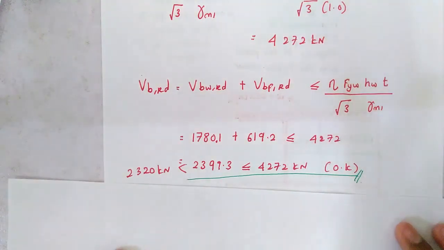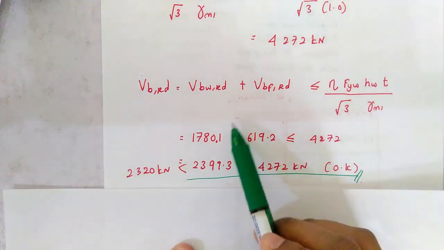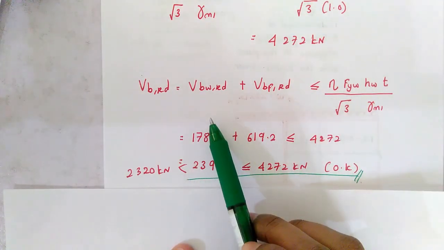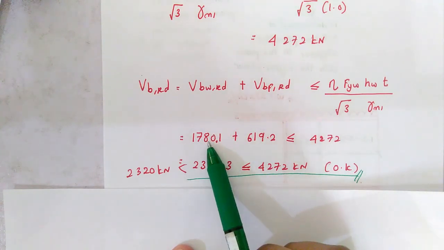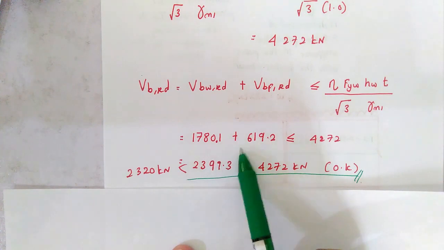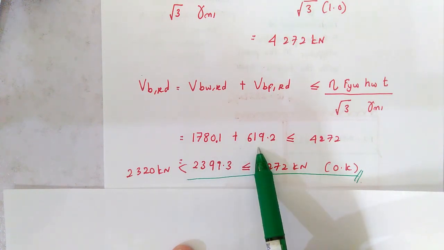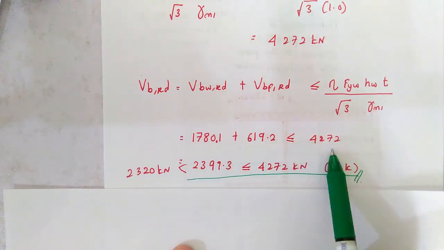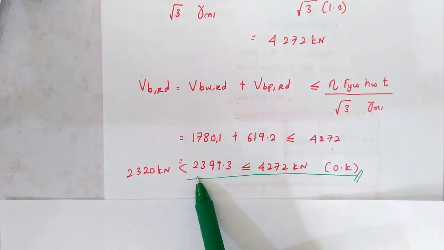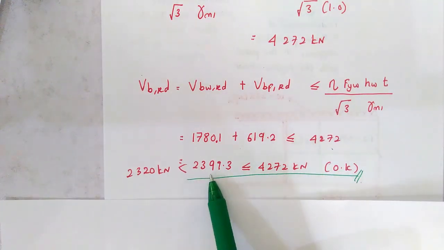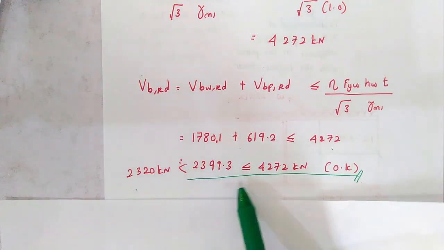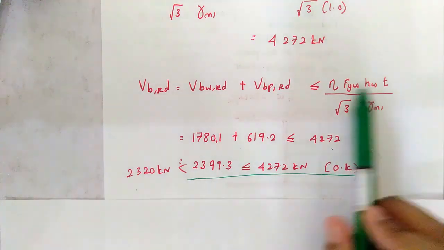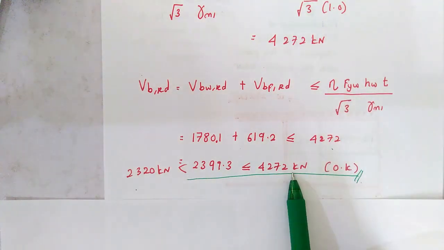Once you get the 4272 kilonewtons, you can substitute all the forces that you already calculated, whereby 1780.1 plus 619.2 is lesser than 4272. So you finally find out that 2399.3 is larger than 2320 kilonewton, but lesser than the allowable shear buckling resistance.